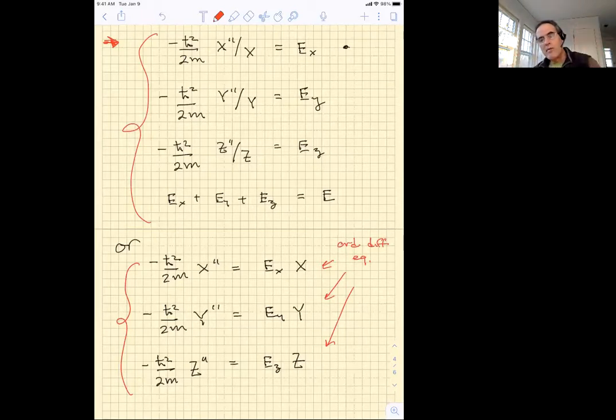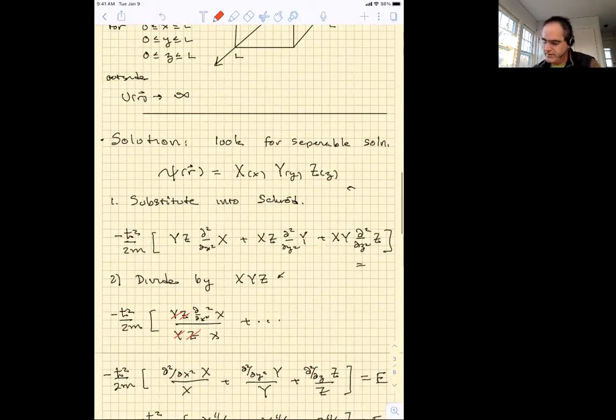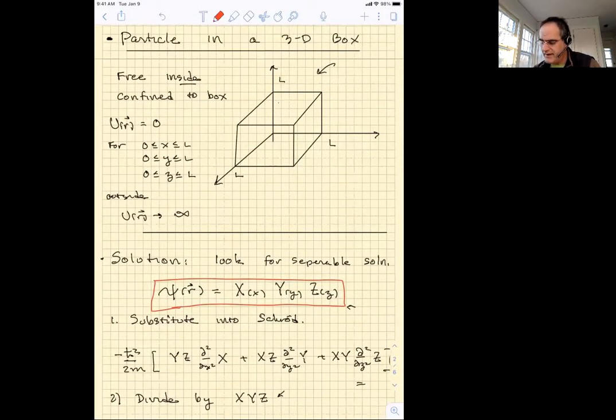Pretty cool. We were only able to do this, going back a little bit, because we knew that there had to be solutions that looked like this, that were separable. And we only knew that we were able to do that because we saw that our problem had rectangular symmetry, okay? Rectangular Cartesian symmetry, meaning that there have to be solutions that have the same kind of symmetry.